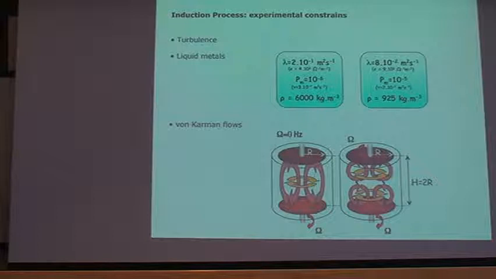On the other hand, the diffusion length is like 1 over mu sigma f, f being the rotation rate at which I rotate the disk, to the order of a square root. And this is either the size of the box in a Gallium flow or a fraction of the size of the box in a sodium flow, right?